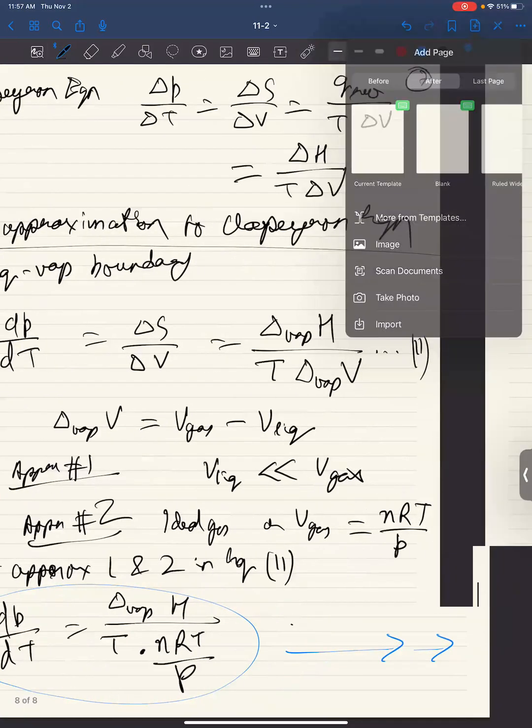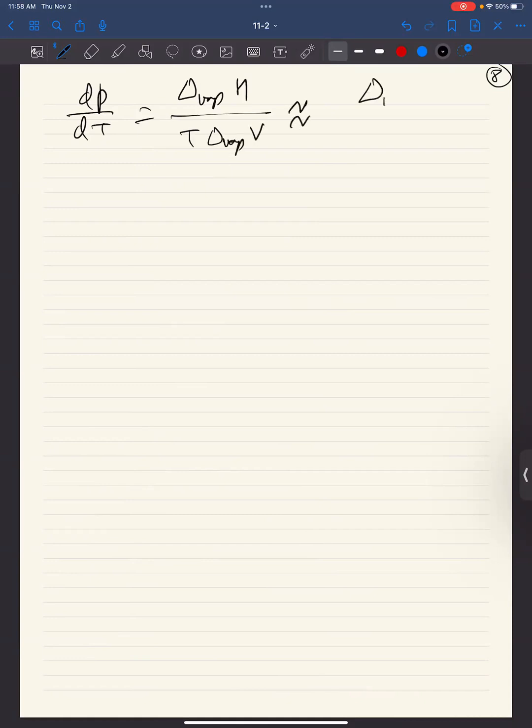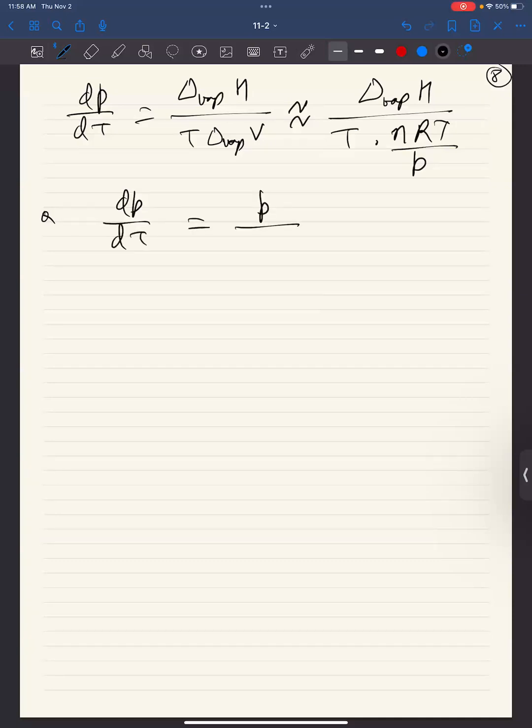So what do we have? dP by dT is equal to delta vaporization H by T delta vaporization V, and I have approximated it as delta vaporization H divided by T. The delta vaporization V, I'm ignoring the liquid altogether and saying the volume is that of an ideal gas, okay? So that is nRT by P. So this gives us dP by dT is equal to P by nRT squared, times delta vaporization H.